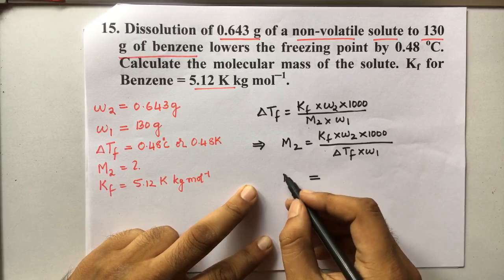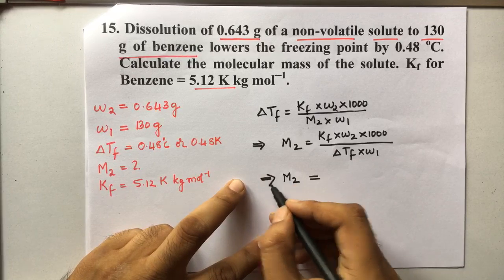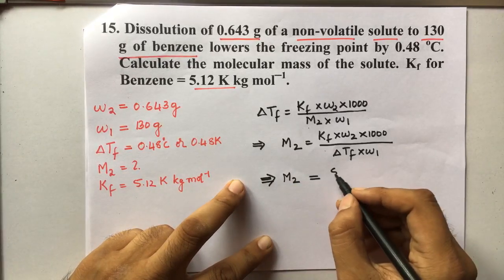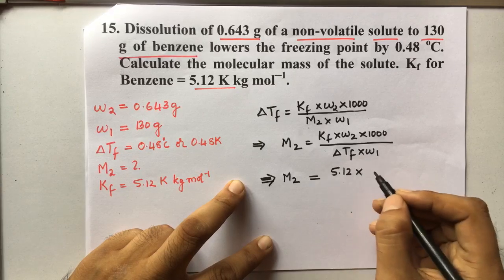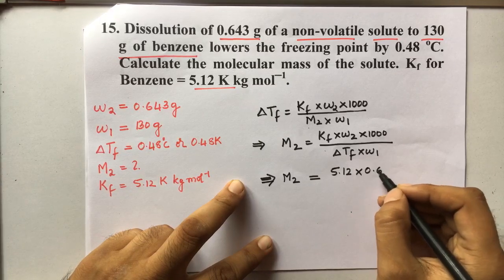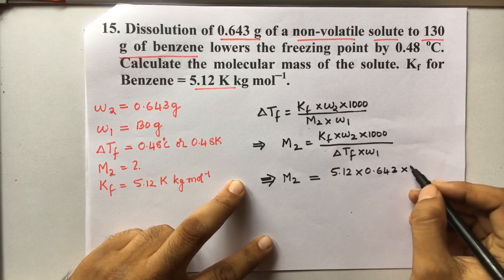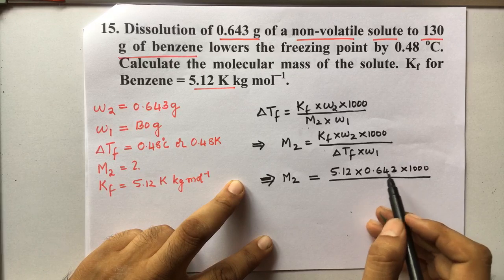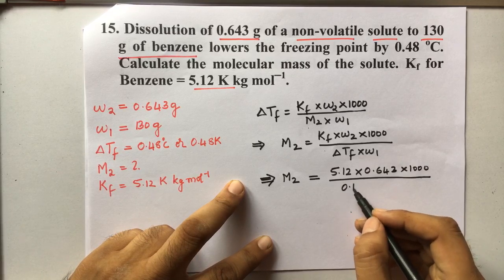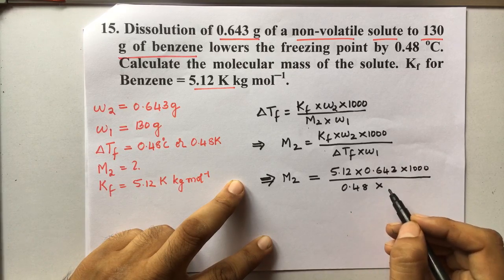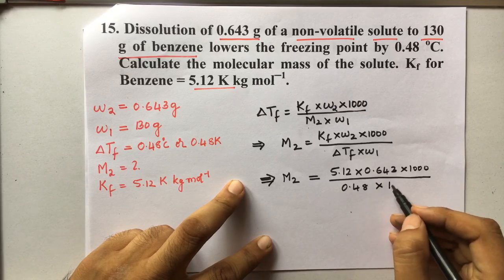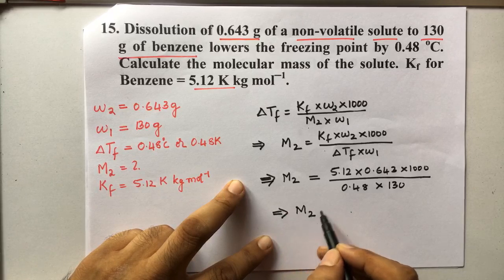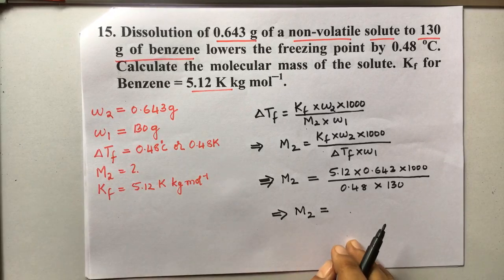Substitute all the values. M2 will be equal to 5.12 multiplied by 0.643 multiplied by 1000 divided by 0.48 multiplied by 130. Take your calculator, students. Tell me what will be the final answer. M2 will be equal to how much?